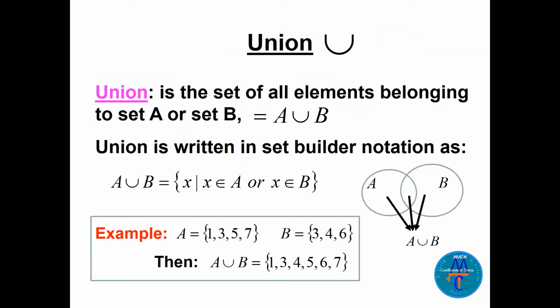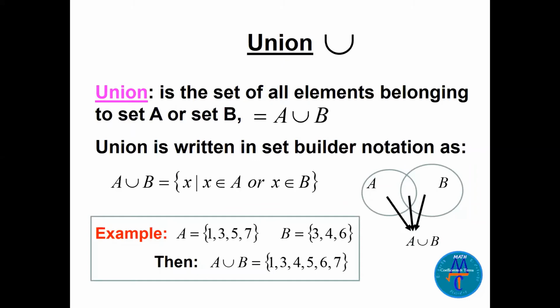Now, union. This is the symbol for a union. Union is the set of all elements belonging to A or B. So we take all the elements in A or in B. We cannot say the word and here. If we say A and B, that means the intersection. So we use the word or. Remember, be careful.